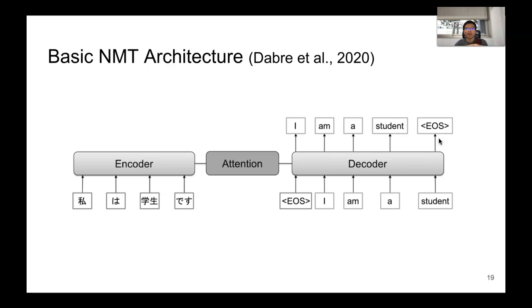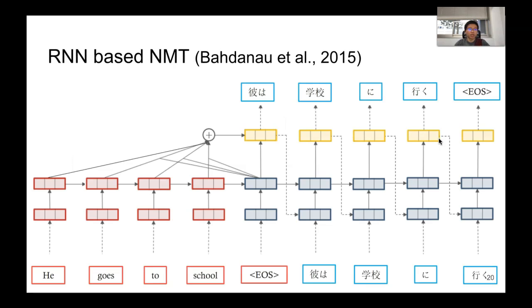And as I have mentioned, there are two MLMT mechanisms. One is a recurrent neural network based one. So here we usually use an LSTM recurrent neural network to connect all the hidden states from left to right.